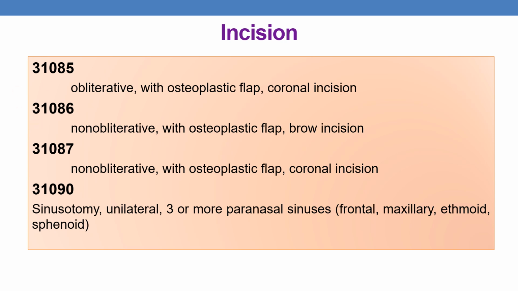It deals with non-obliterative with osteoplastic flap, brow incision. And 31087 deals with non-obliterative with osteoplastic flap, coronal incision. And finally, 31090 deals with sinusotomy unilateral, 3 or more paranasal sinuses. For example, frontal, maxillary, ethmoid and sphenoid.